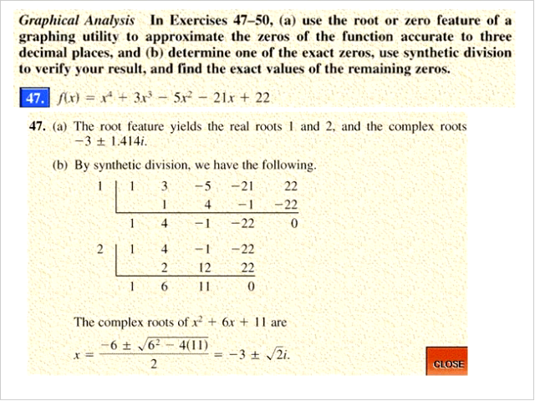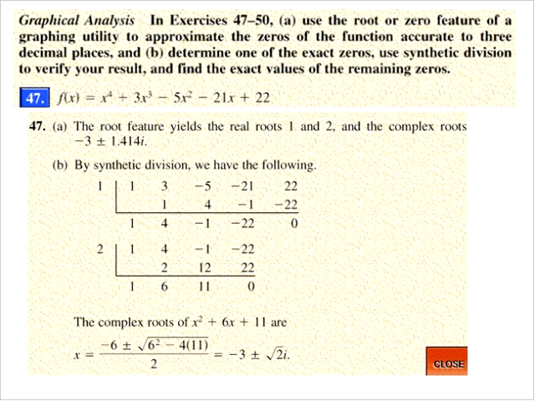All right, the last one you're just going to do on your calculator. It says, use the root or zero feature of a graphing utility to approximate the zeros of a function. All you're going to do is just type this into your calculator and get the decimal answers. It says, determine one of the exact zeros, use synthetic division to verify your results. So what we could do is, we notice that on our graph it looks like 1 and 2 are exact zeros.